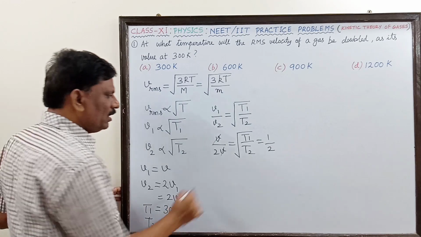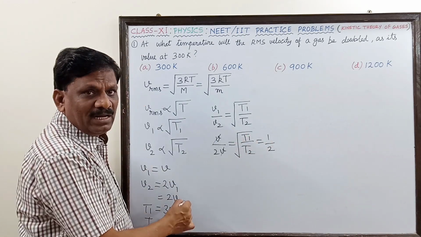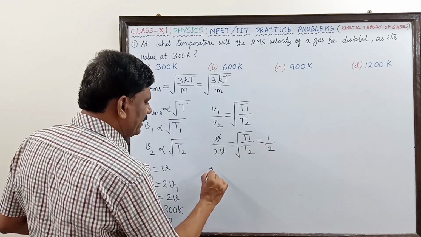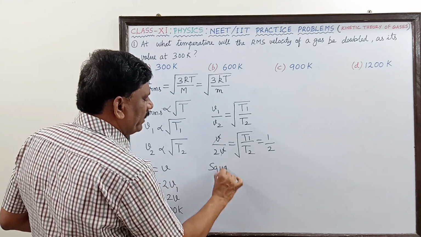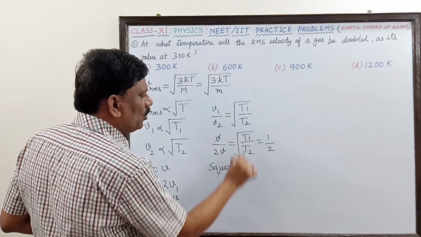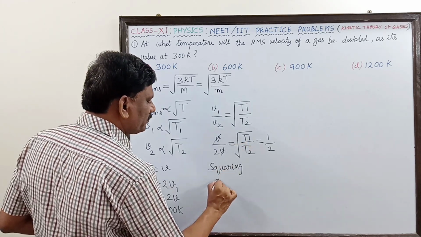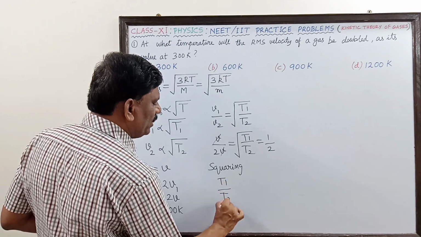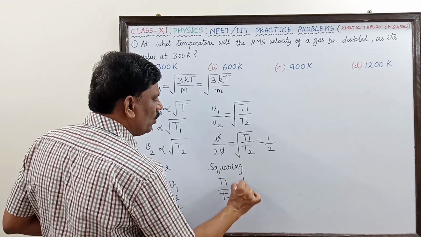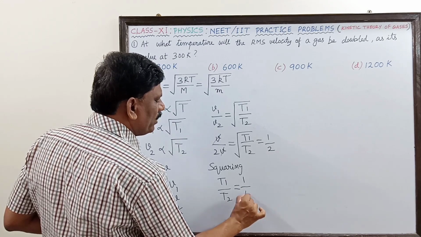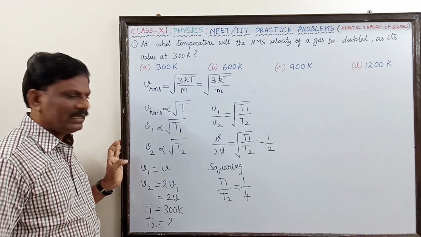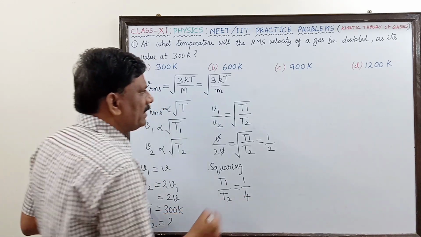Now I am going to square it on both sides. After squaring, this square root will vanish. Therefore, T1 by T2 is equal to 1 by 2 whole square, so this is 1 by 4. We need T2, is it not?